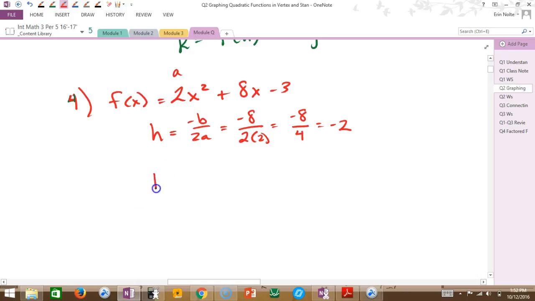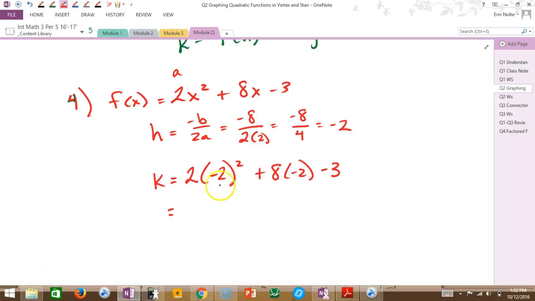Now I need to find the k value. How do I find the k value? Very good. So I go 2 times -2 squared plus 8 times -2 minus 3. I simplify this. On my first term I have -2 squared, which is 4, and 4 times 2, so 8 on the first term. If I have 8 times -2, what's that?